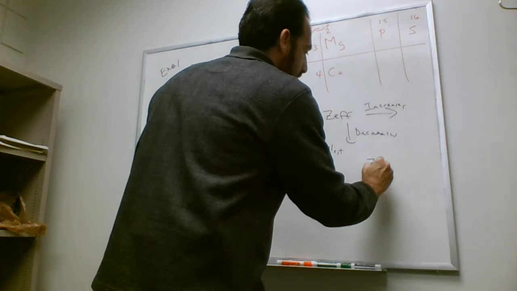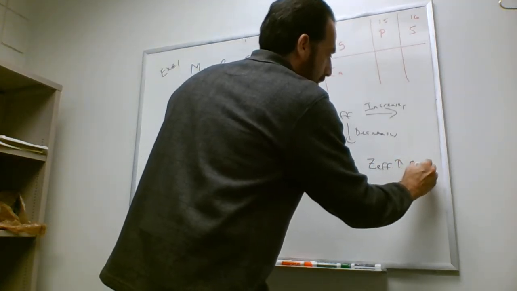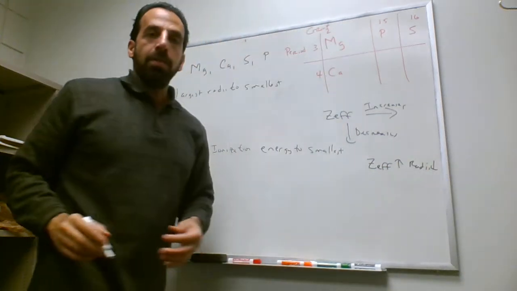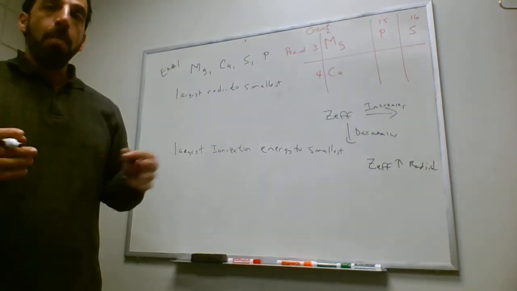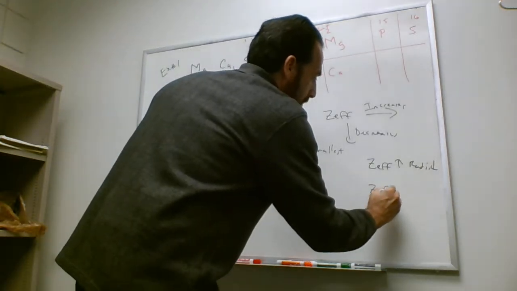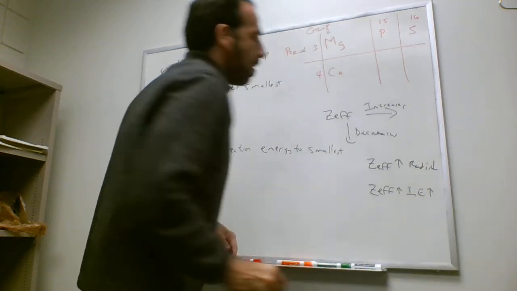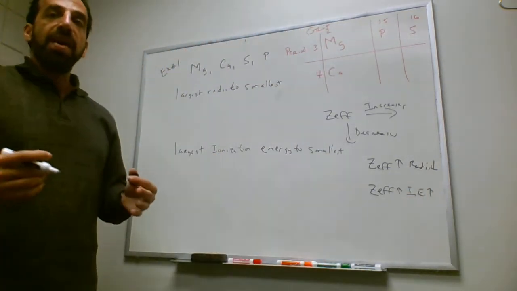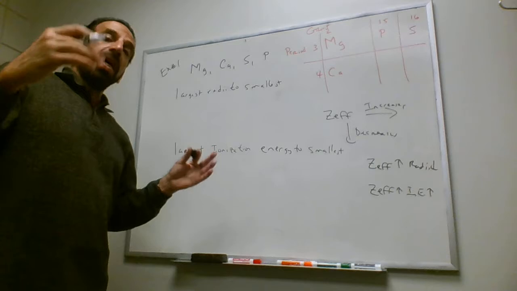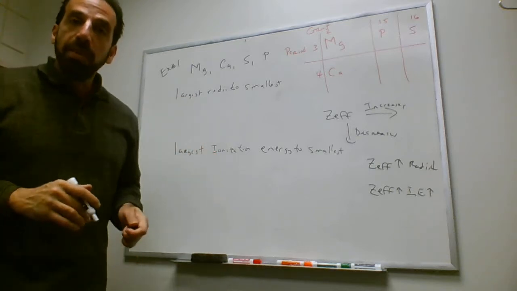So as Z effective increases, radii decreases. Those are trends that you have to know. Also, as Z effective increases, ionization energy increases. Z effective is the ability to pull in electrons. It pulls them in tighter, makes the atom smaller, and also makes it more difficult to remove the electron.